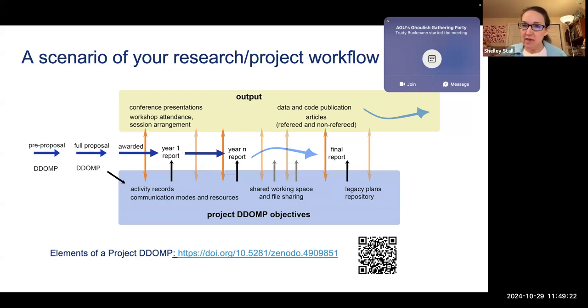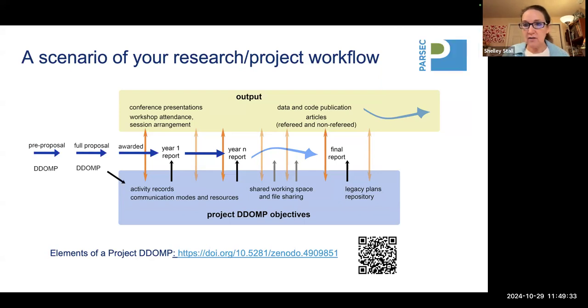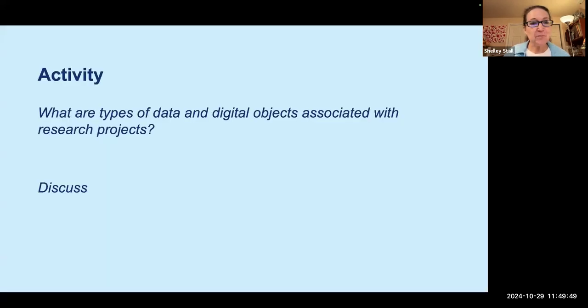As your research progresses, you're going to have space where you're sharing this information, you're sharing the data, you're sharing the software. We will give you information about that. And then the legacy of the project and closing it out, we'll hit on that as well. Okay, all right. So that's this diagram. The QR code gets you to more information about that.